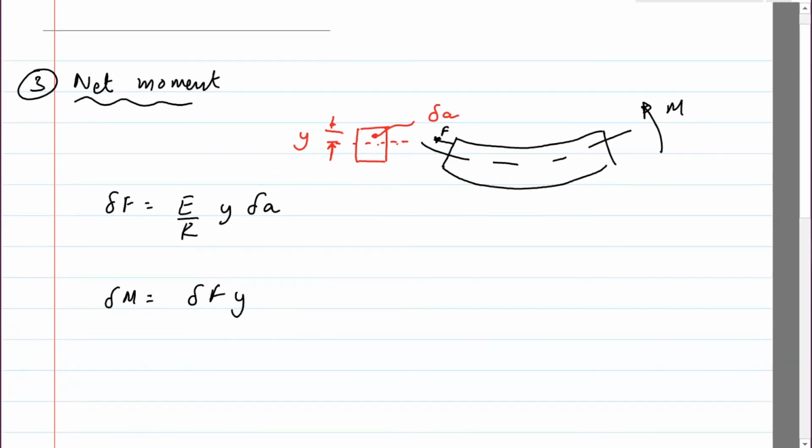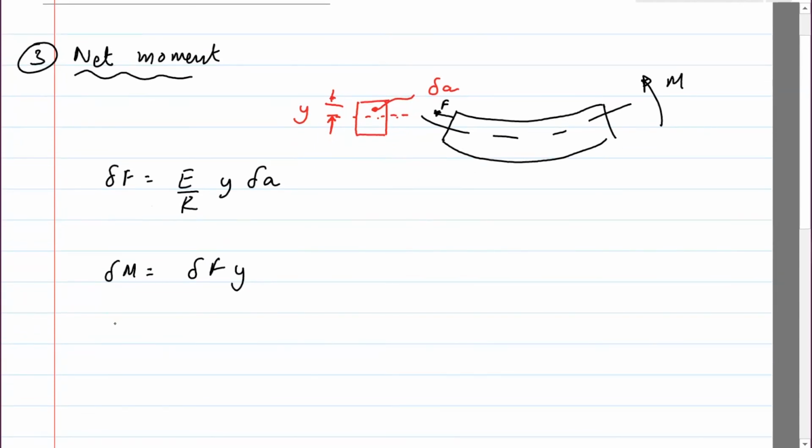So this is finding the net moment about the centroidal axis, the neutral axis, and then sum this across. So M is the integral of delta M, which is the integral of delta F y.